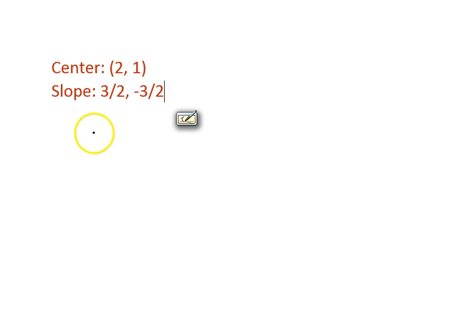One last thing that I want to show you with this is how to get those equations of tangent lines. So I'm going to use the center and the slope that we just used in problem number 3 and get the equations of the two tangent lines. So we have two of them. One has a slope of positive 3/2 and it goes through the center, 2, 1.